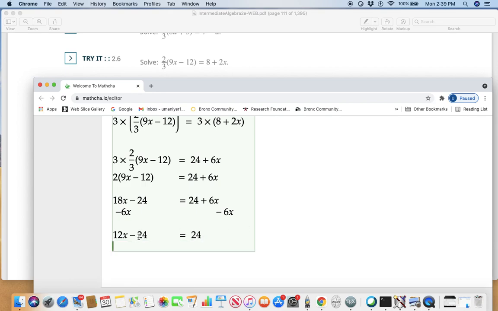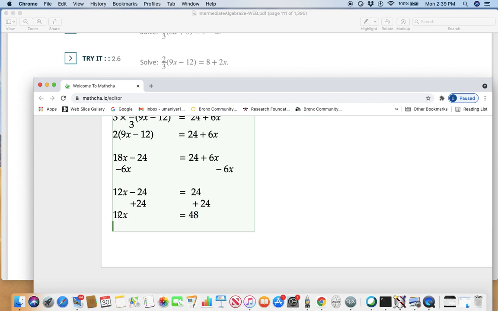Now I will move this 24 to the other side so as to isolate x. So add 24 to both sides. I hope you notice why we added, because the opposite of subtraction is addition. So these two cancel. I'm left with 12x on the left and 24 plus 24 is 48.